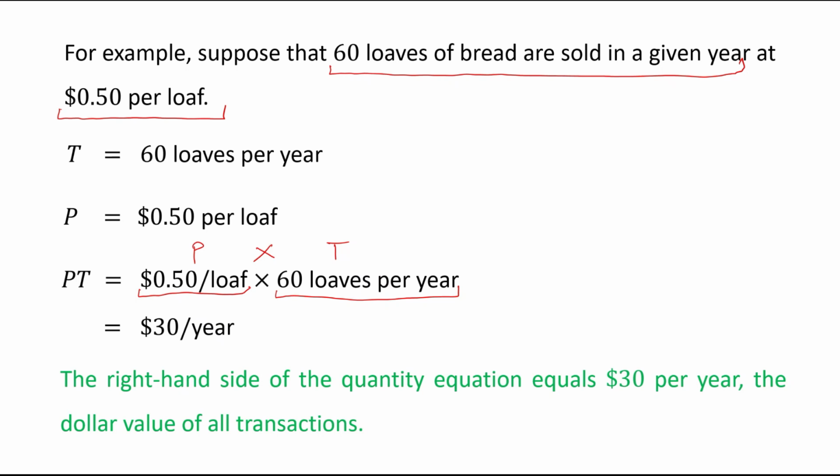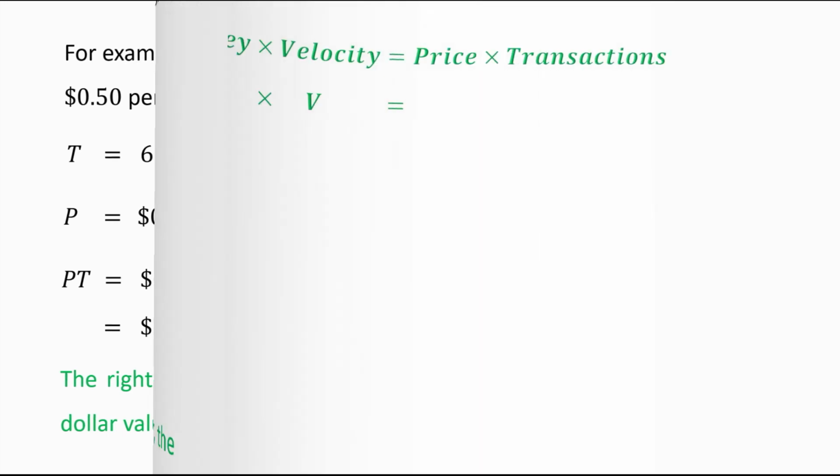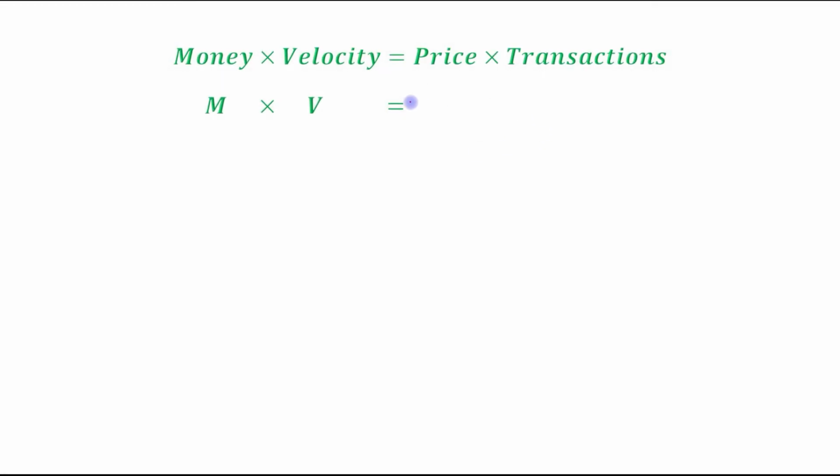It is the dollar value of all the transactions, the number of dollars exchanged in a year. Clear? So we can write the right hand side of this quantity equation as $30 per year.